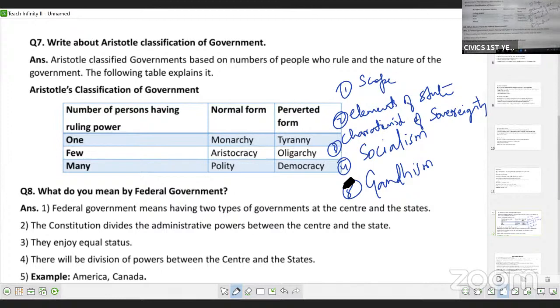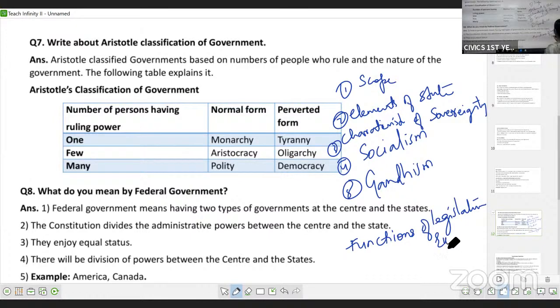If you find it difficult to learn socialism or Gandhism, then in the 11th chapter you have functions of legislature, executive and judiciary. These 3 questions.